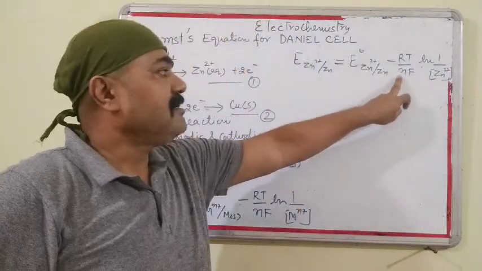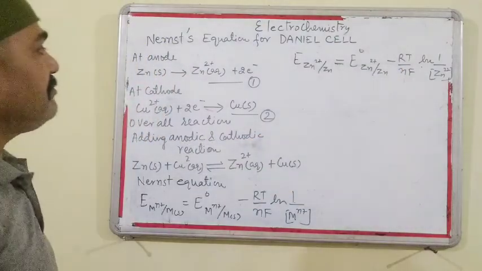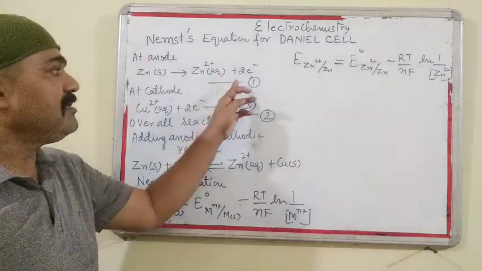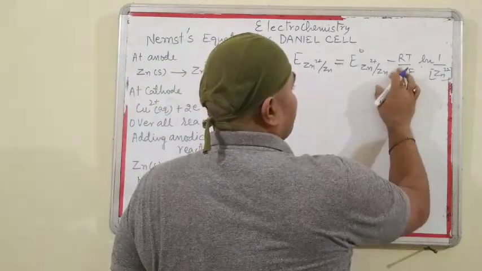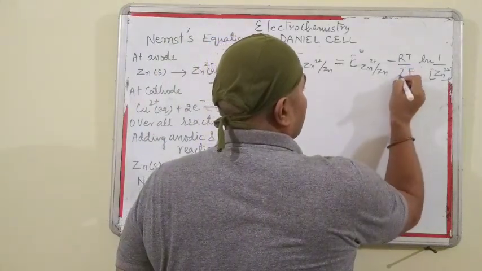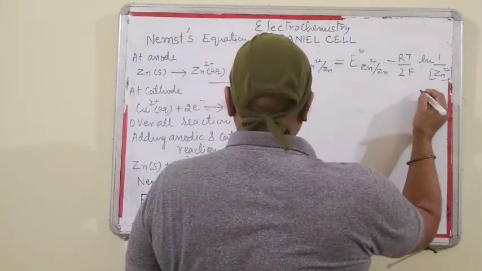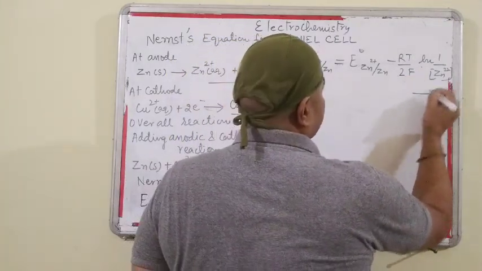Here n is the number of electrons liberated or gained. Here 2 electrons are gained, so n equals 2. Let this be equation number 3.